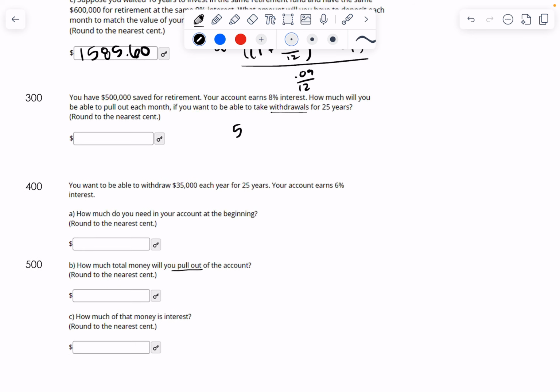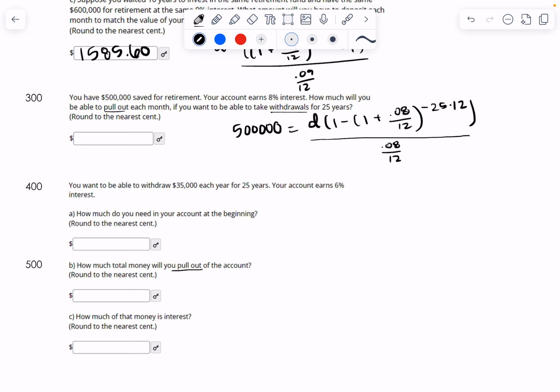So you've saved up 500,000. You want to know how much you can pull out each month. So we do D times 1 minus 1 plus. The interest rate is 8%. And this one has a negative exponent because you're taking money out. The amount in the account is going down.